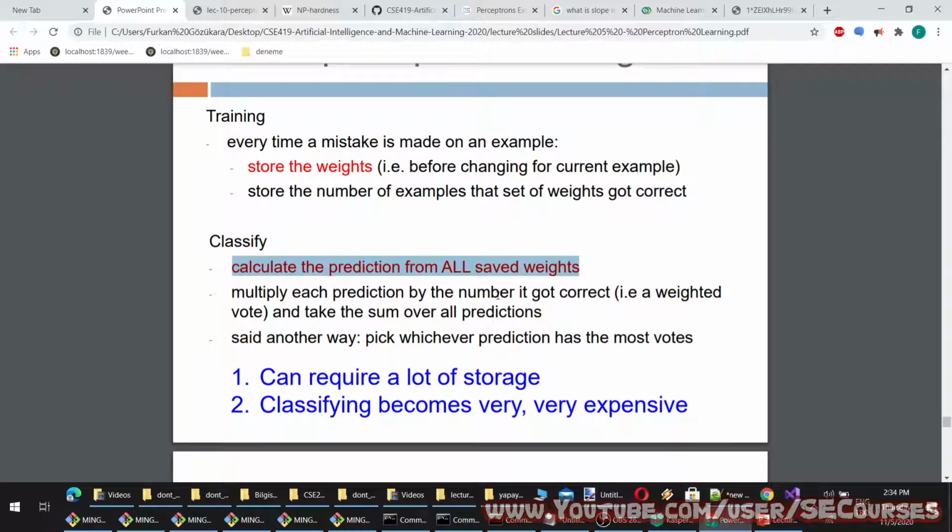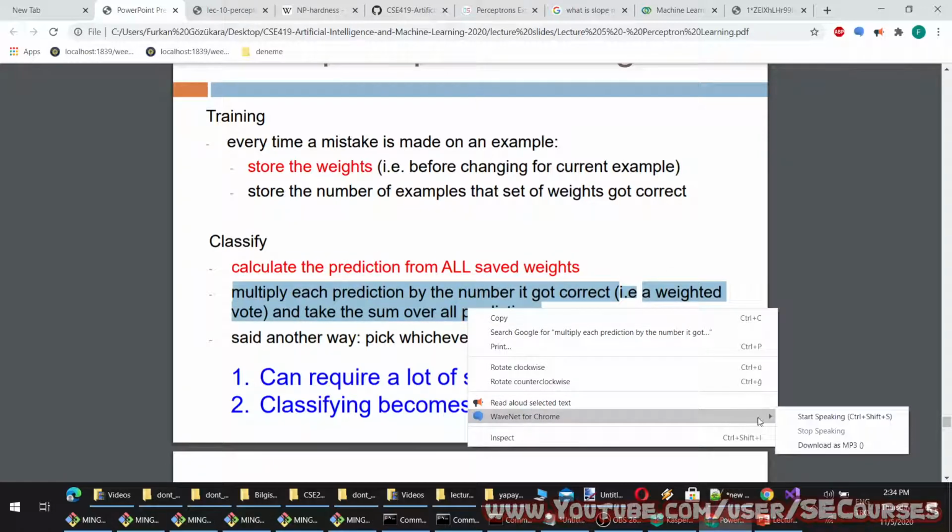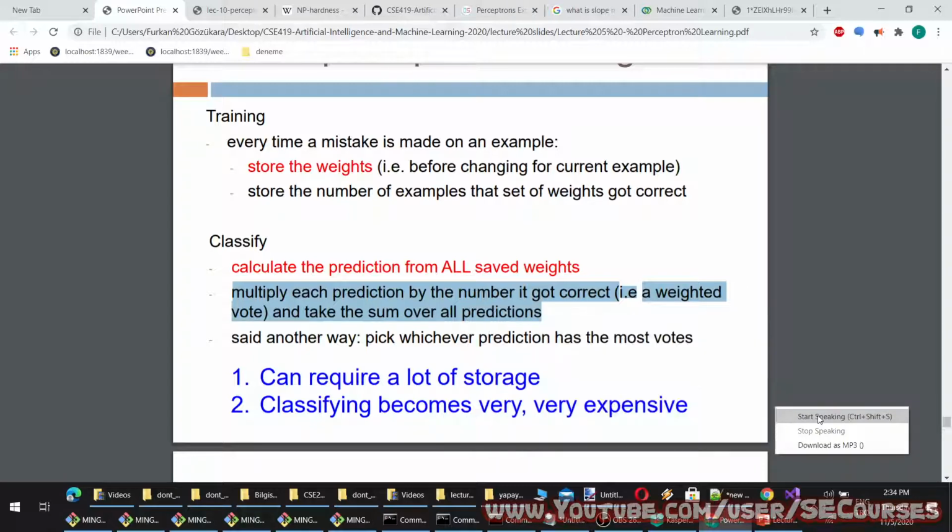Calculate the prediction from all saved weights. You may have saved thousands of weights for just a low number of data, for example, just 10 features, and if it has 100 iterations, it can cause you to have even 1000 weights or more. It depends on your number of iterations and number of features you have.